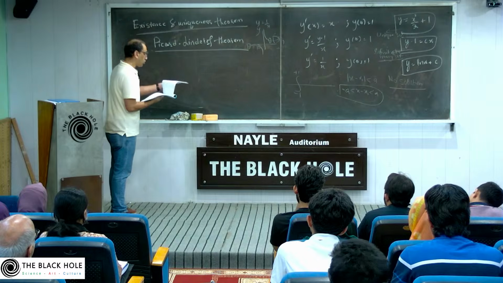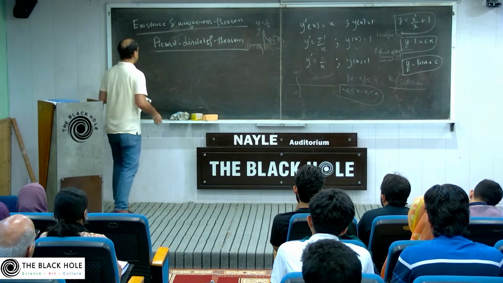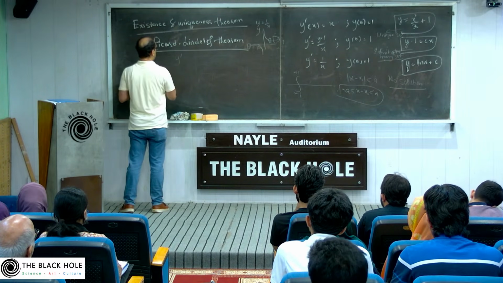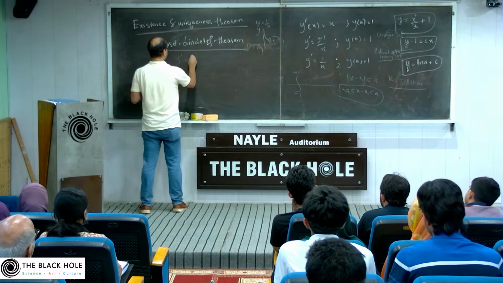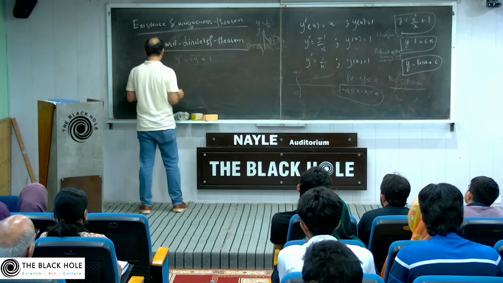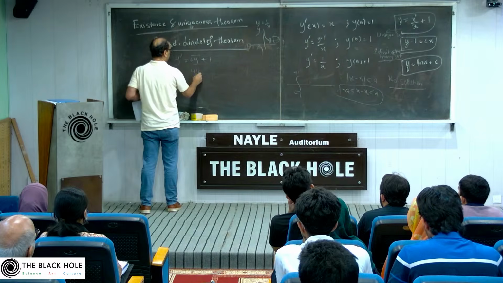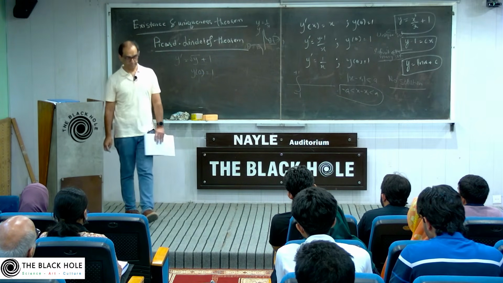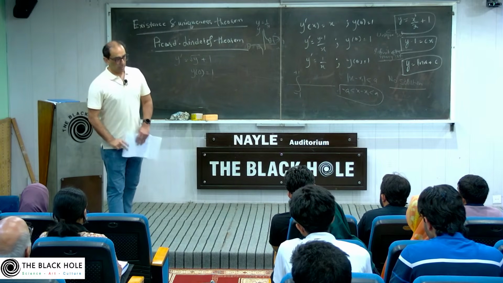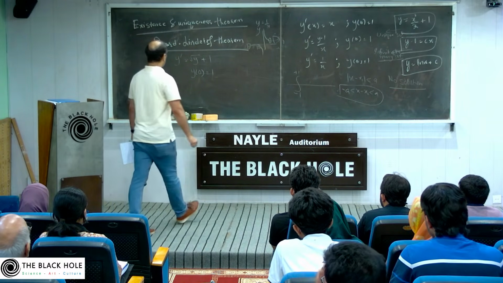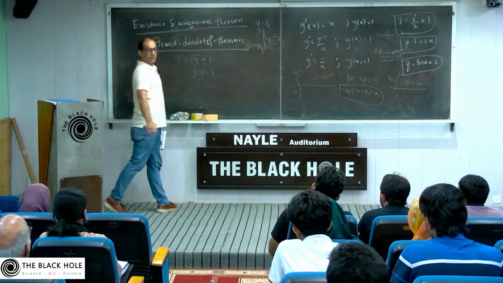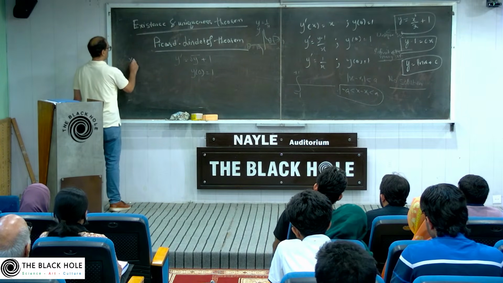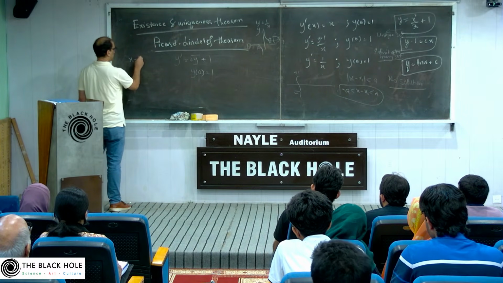Okay, so let's talk about a particular problem. So let's say I have y dash is equal to under root y plus 1, and I have y of 0 is equal to 1. So now tell me, from this IVP, can you write down this thing?